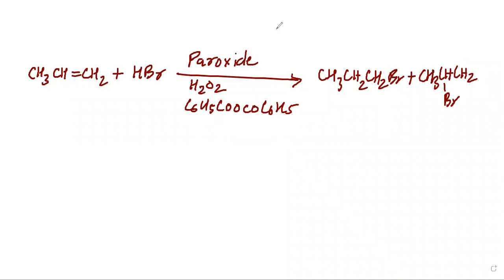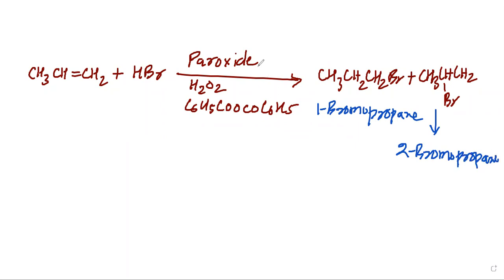We may get 1-bromopropane and we may have 2-bromopropane, and we will get this as a major product and this as a minor product.